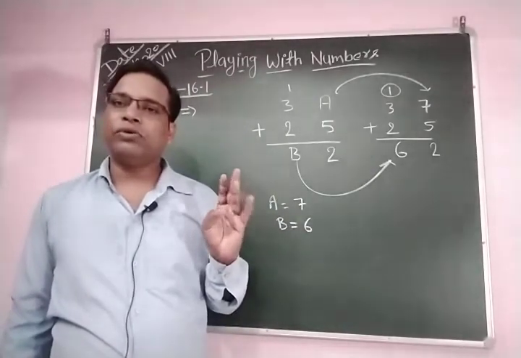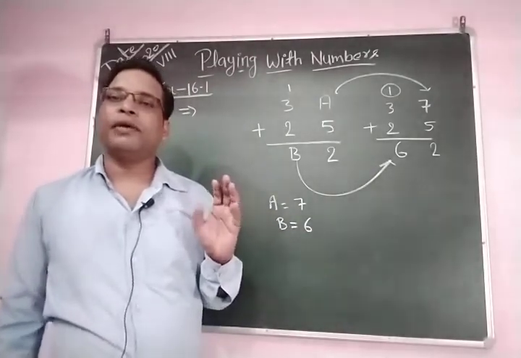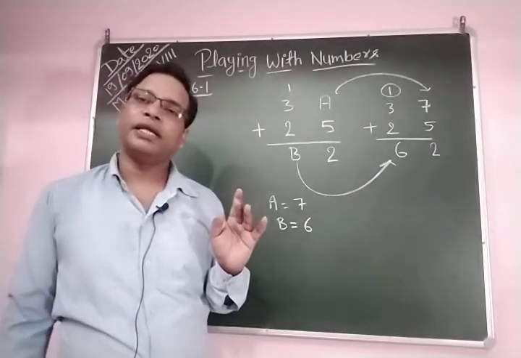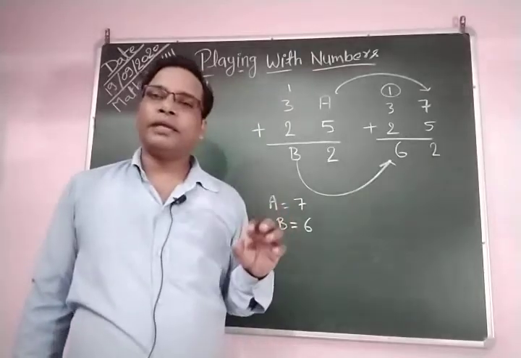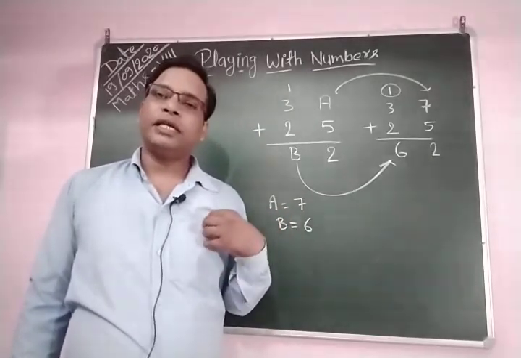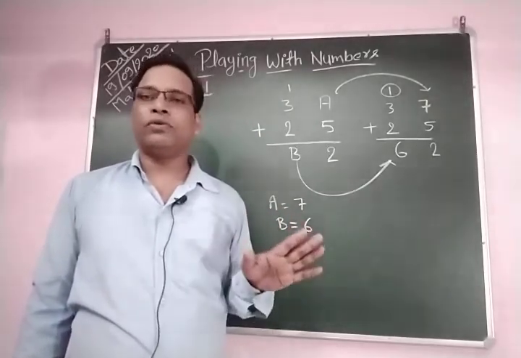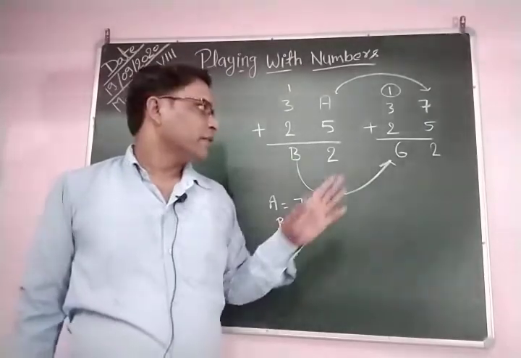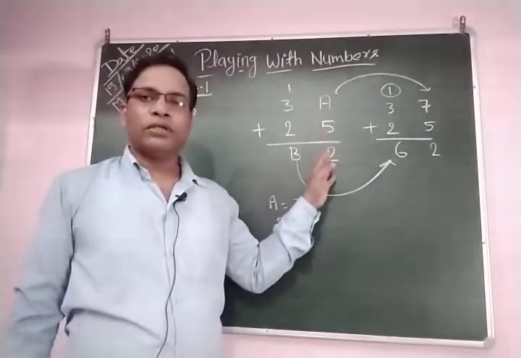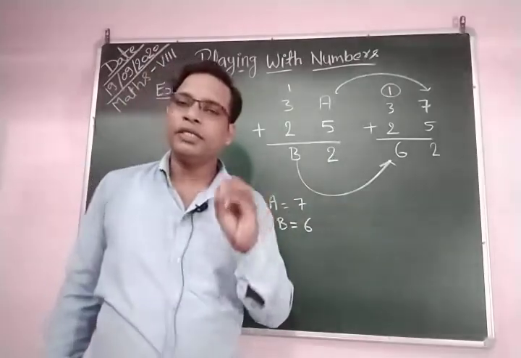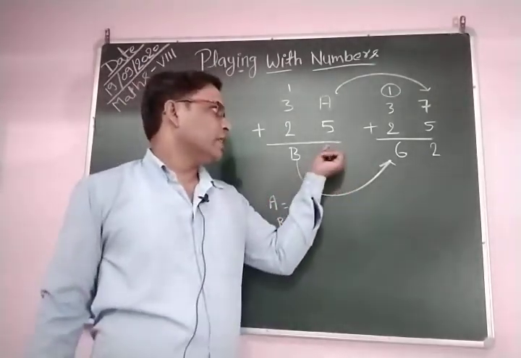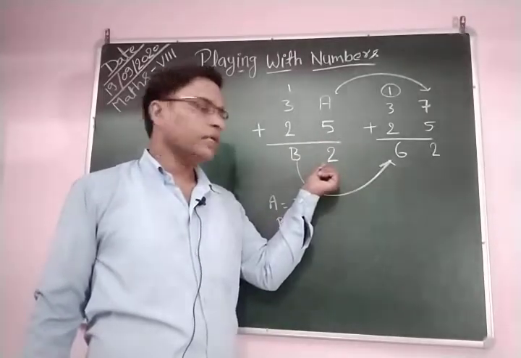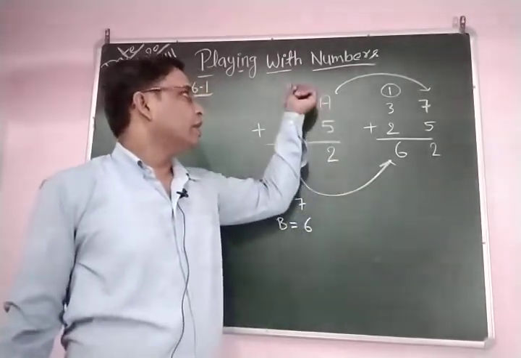Digits start from 0, 1, 2, 3, 4, 5, 6, 7, 8 and 9. If we add any digit to 5, the result will be greater than 2, not 2, because 5 is greater than 2. So actually this is not 2, this is 12, so carry here you write 1.